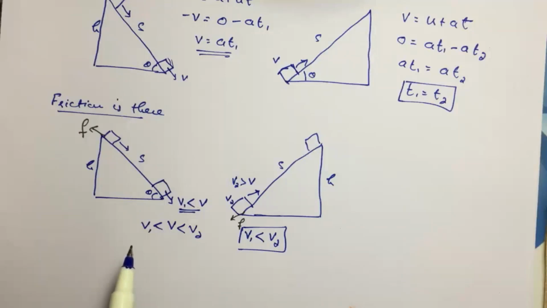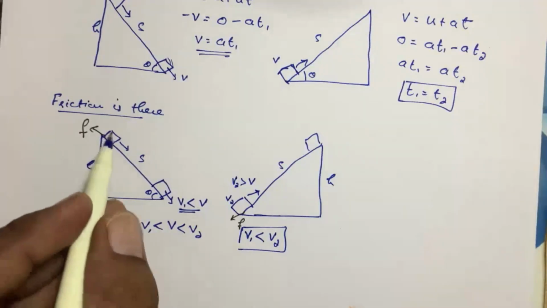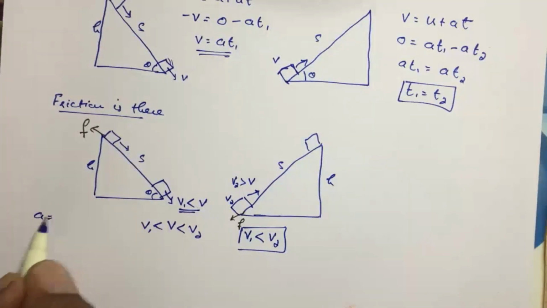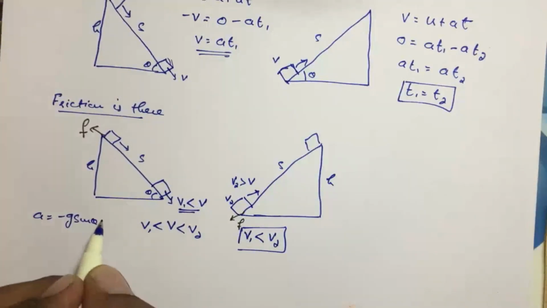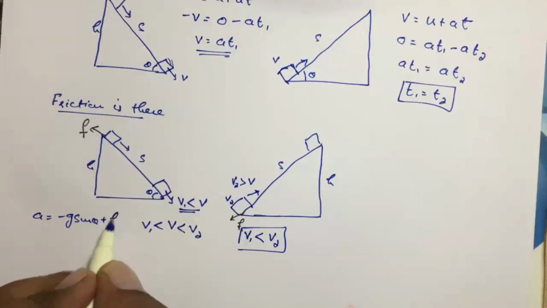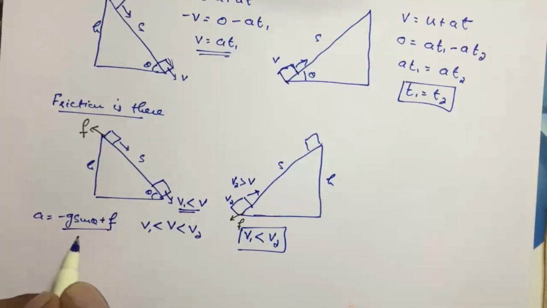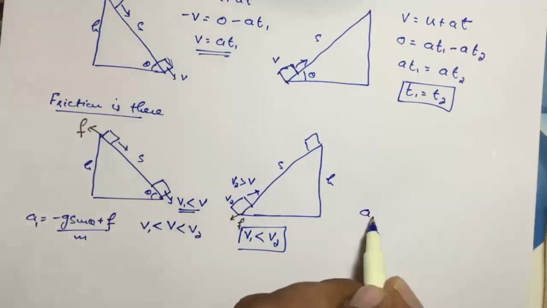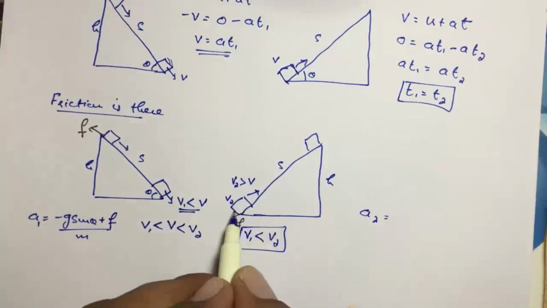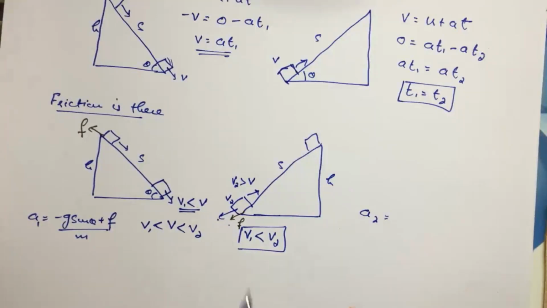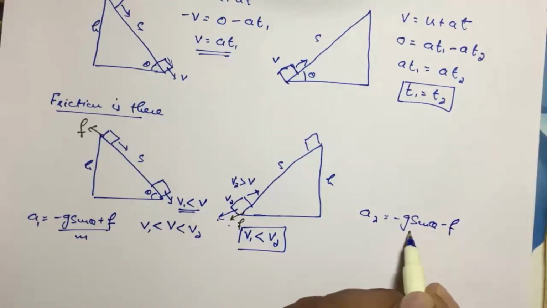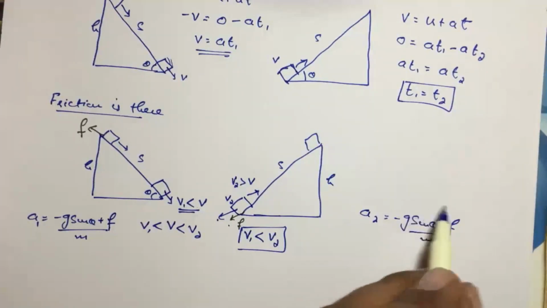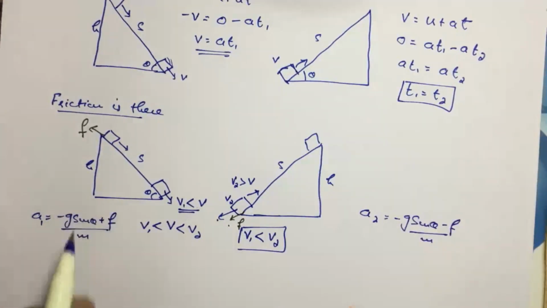Now we have to compare their accelerations. In the downward case, the acceleration is negative g sin theta downward and friction is upward, so with friction f the acceleration is a1. In the upward case, acceleration a2 is negative g sin theta and negative f by m, so in a way they get added in one case and subtracted in the other.